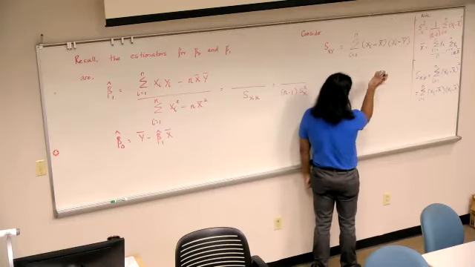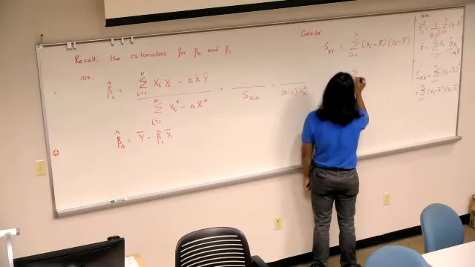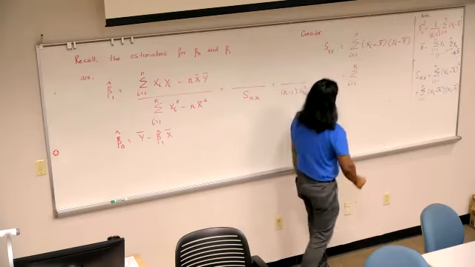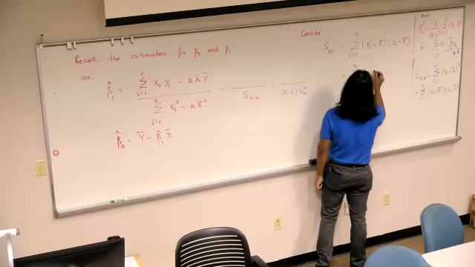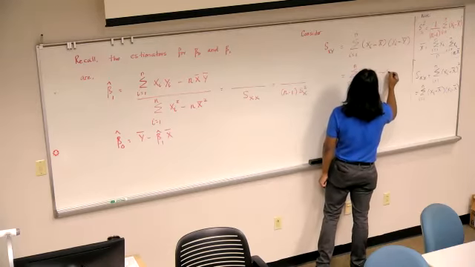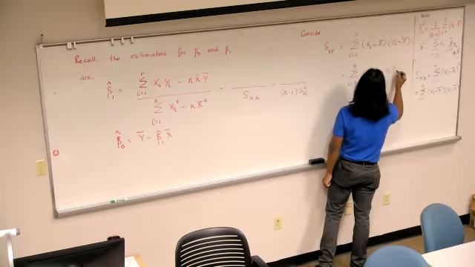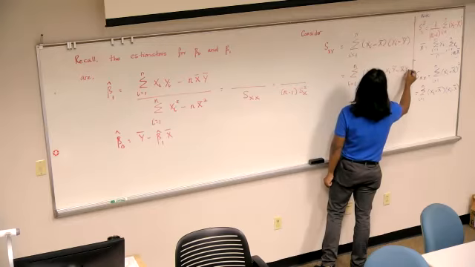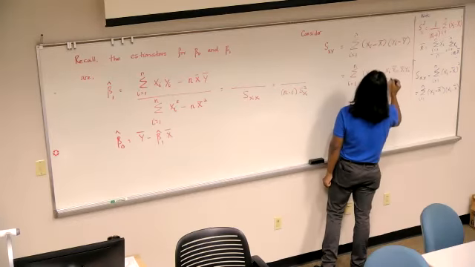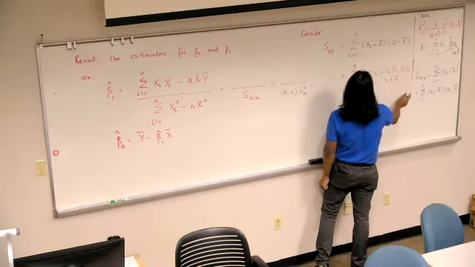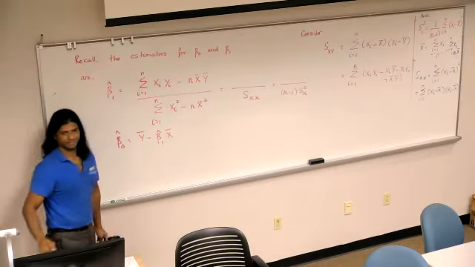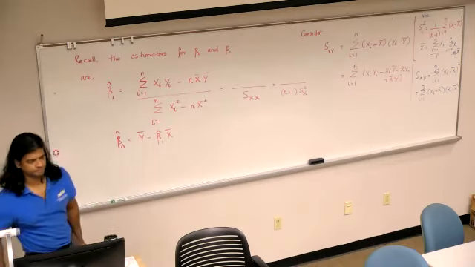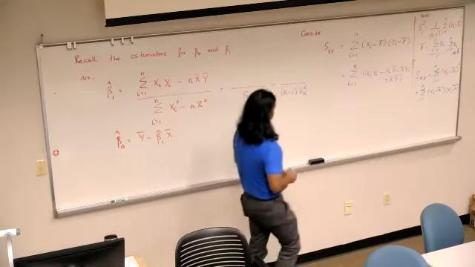Well, use the same process. xi yi minus xi y bar minus x bar yi plus x bar y bar. Agreed? Okay, so most of you got it.